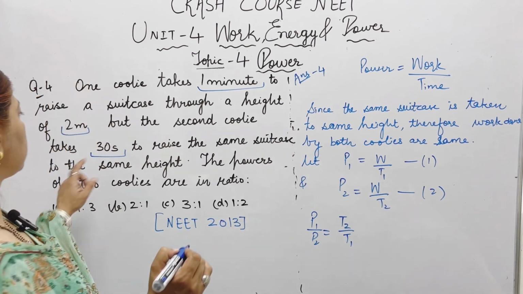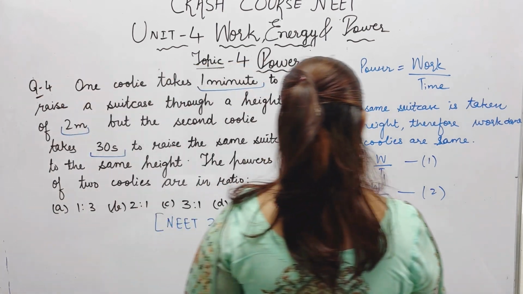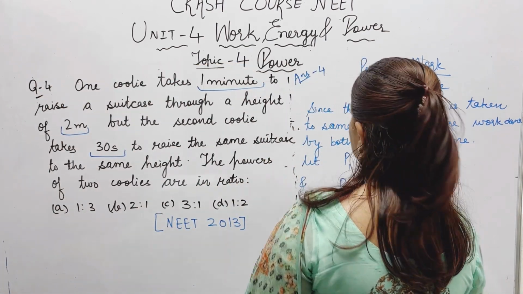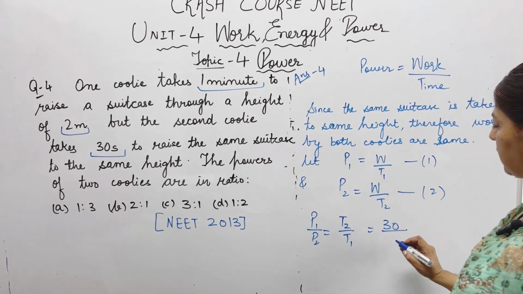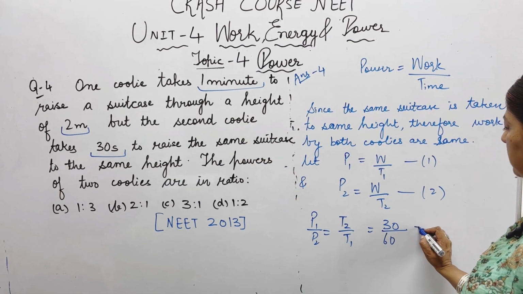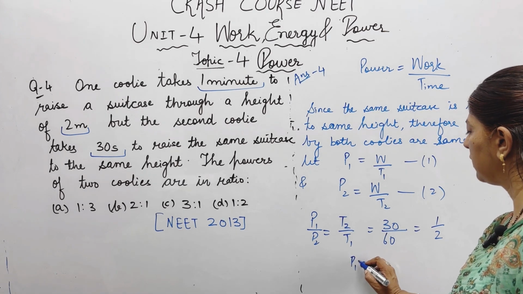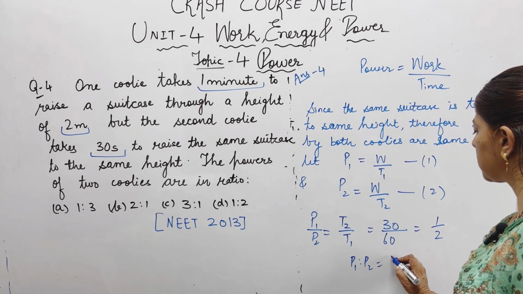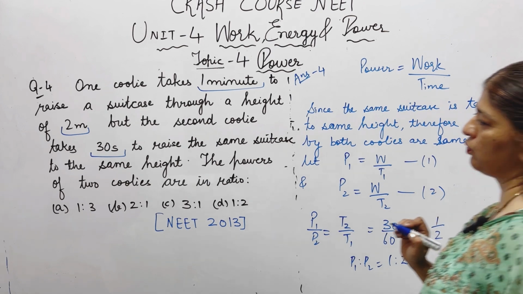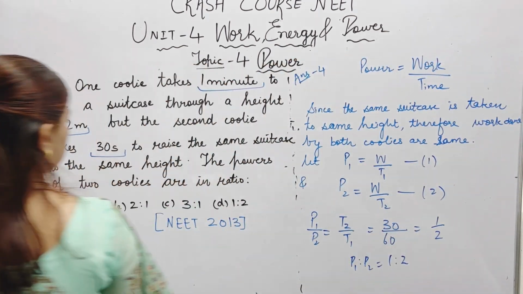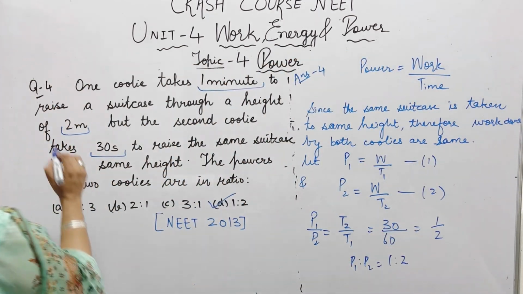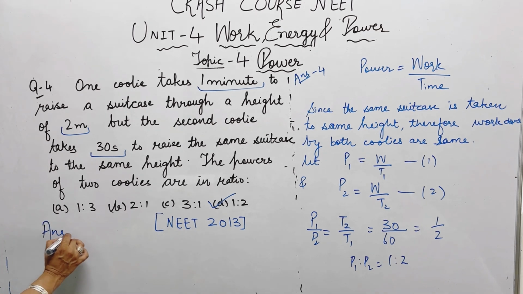Now the T2 is 30 seconds and the time taken by the first is 1 minute, that is 60 seconds, so it is 1 upon 2. So P1 is to P2 is equal to 1 is to 2. And the option number D is the correct solution for this. So the answer for fourth is option D, 1 is to 2.